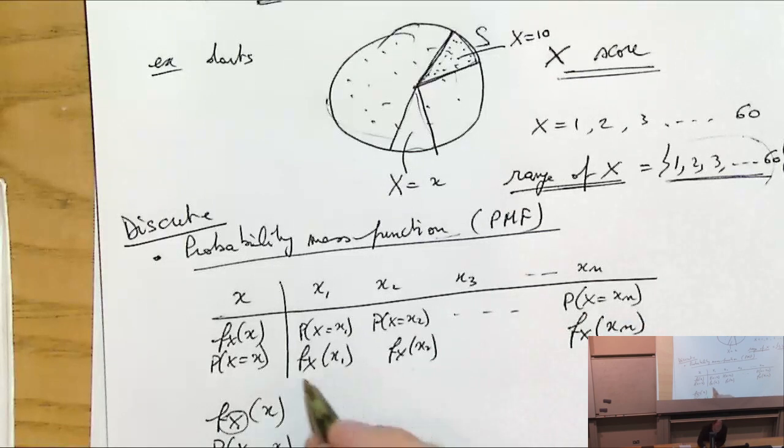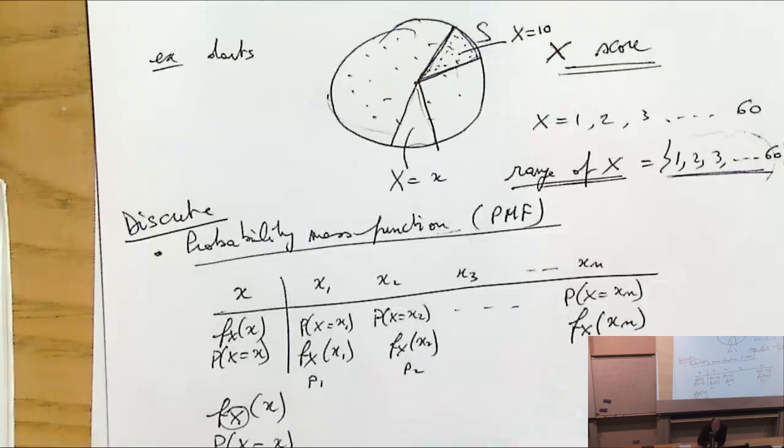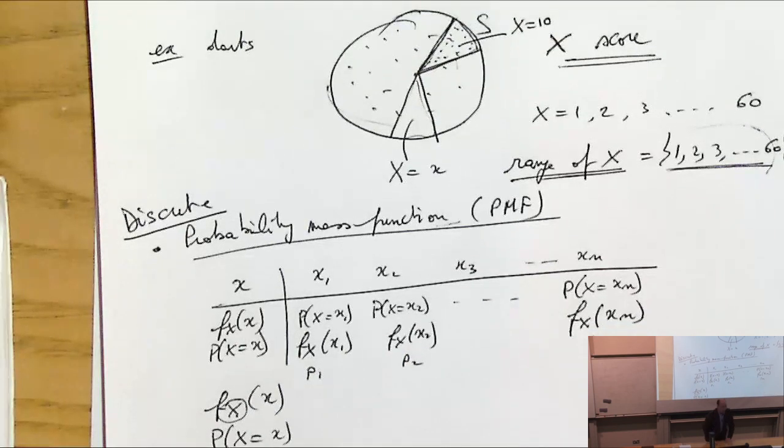Sometimes this is also denoted simply as p1, p2, pn. So essentially it's a table: for each possible value in the range of x, you assign a probability of that value occurring.